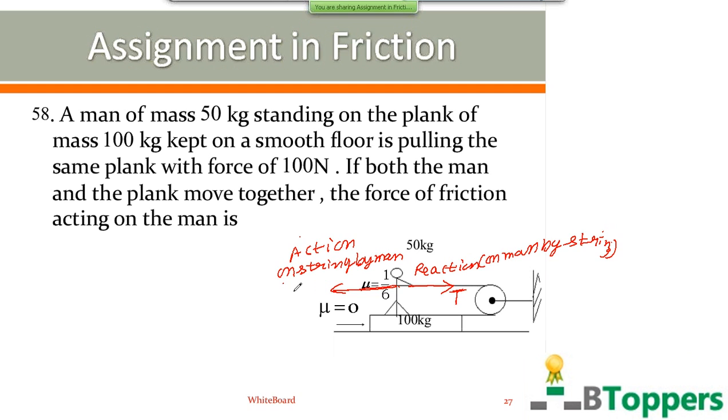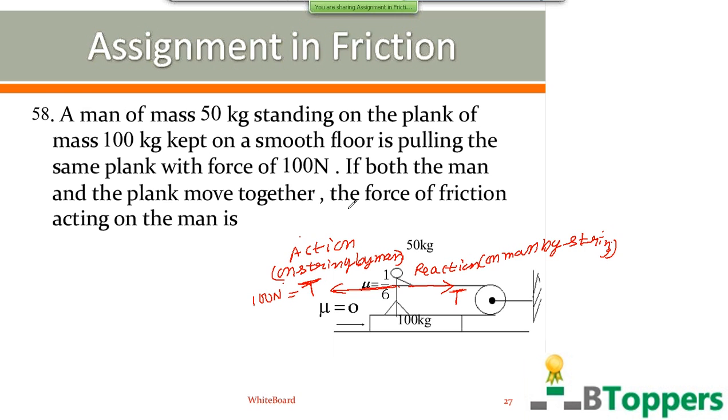So according to Newton's third law, action and reaction forces always have the same magnitude. So if capital T represents the magnitude of the force on the string by the man, then the magnitude of the force exerted on the man by the string is also equal to T. And this magnitude T is given to be 100 newtons.